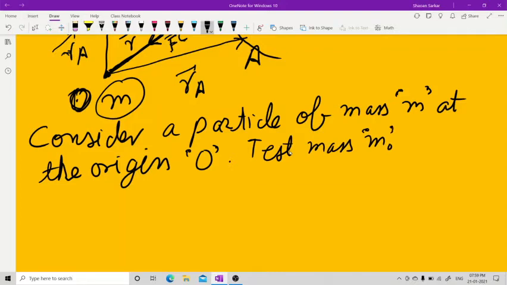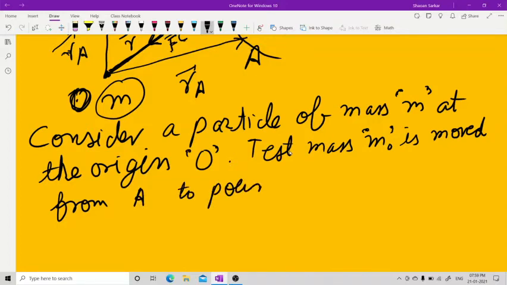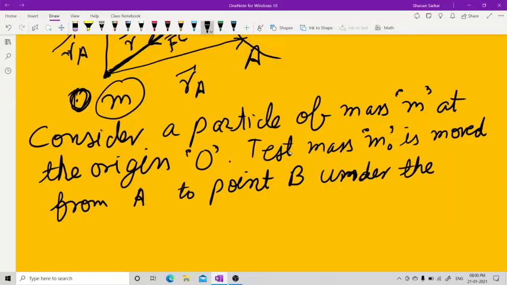M naught is moved from point A to point B under the influence of mass m.